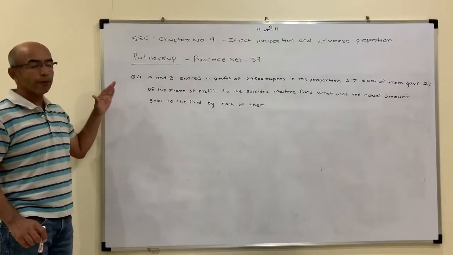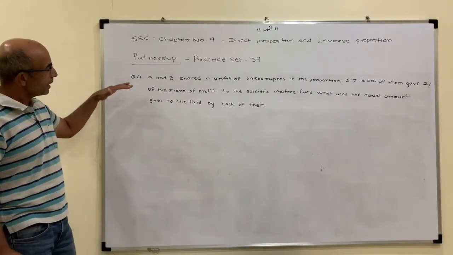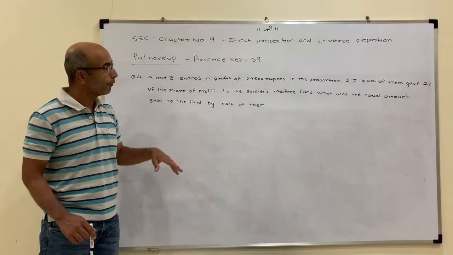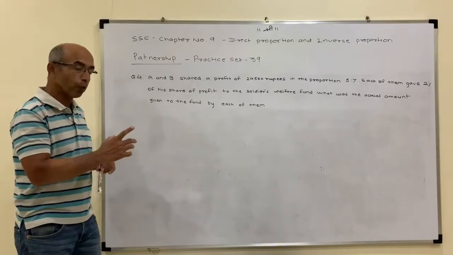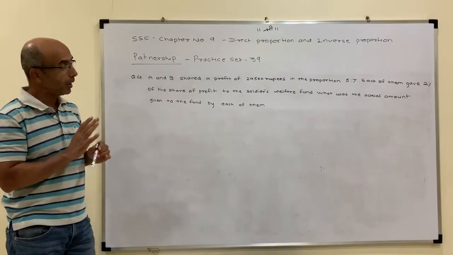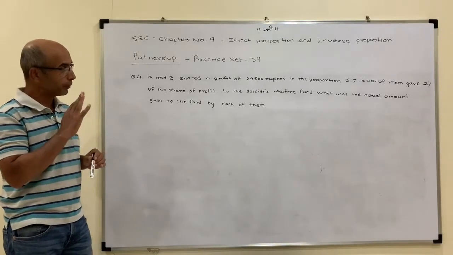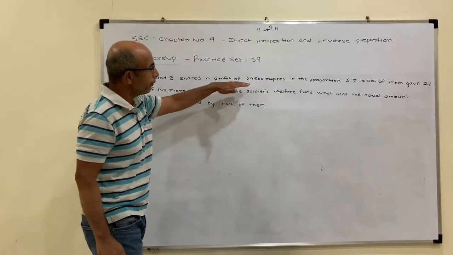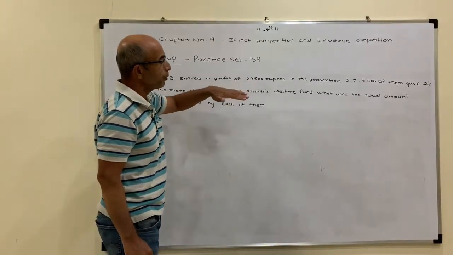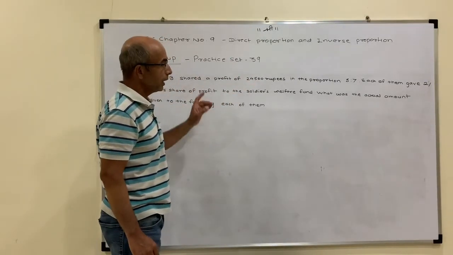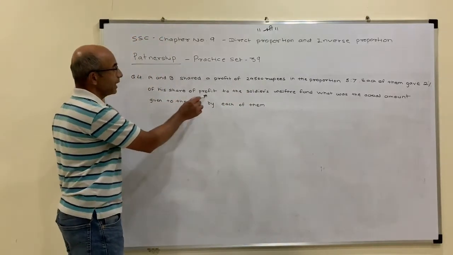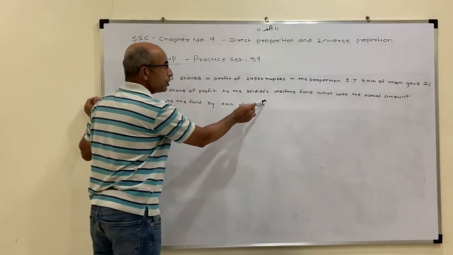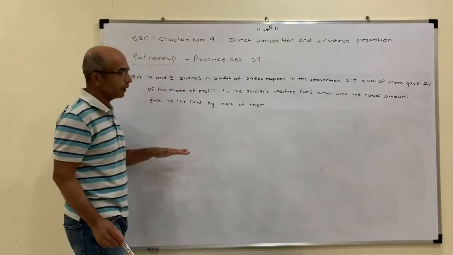Now question number 4. A and B shared a profit of rupees 24,500 in proportion 3:7. Now they gave us a profit as well, and they gave a proportion as well. Each of them gives 2% of his share of profit to the Soldiers Welfare Fund.